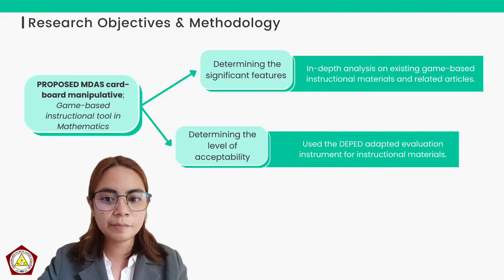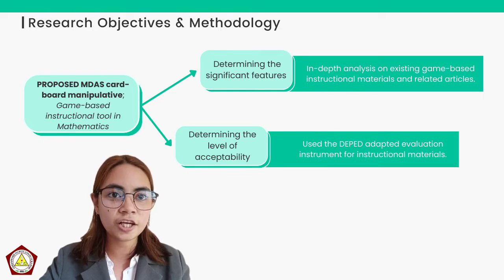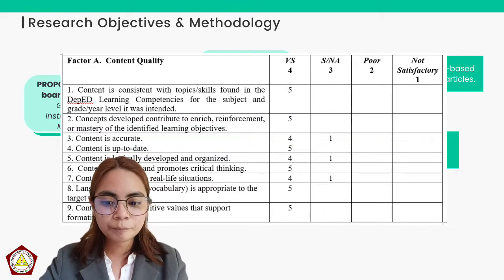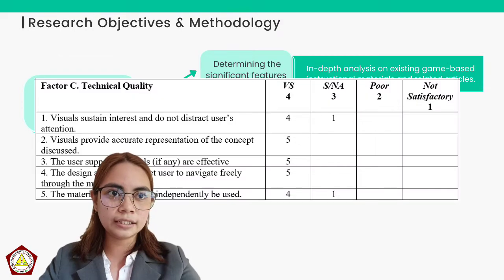Next objective is to determine the level of acceptability of the proposed game. In order to determine this objective, the researchers used the adopted DepEd validated evaluation instrument for instructional materials, along with content quality, instructional quality, and technical quality.